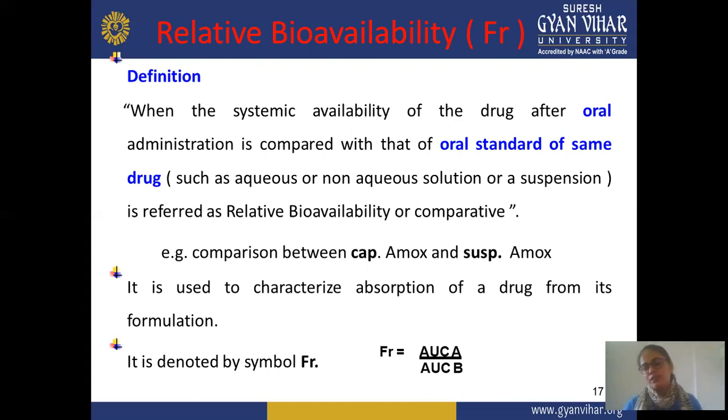You take the same drug, but the formulation is different: one is a capsule, another is a suspension, and you compare the absorption rate or bioavailability of these formulations. The formula for relative bioavailability, denoted by FR, equals the AUC for drug A over the AUC for drug B. Means one formulation and another formulation, the ratio of one drug and the second drug.